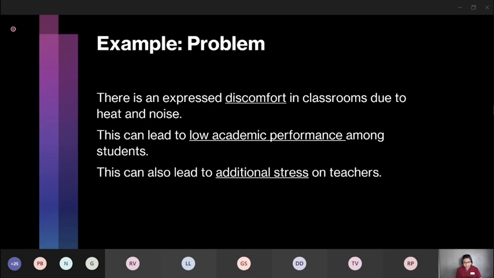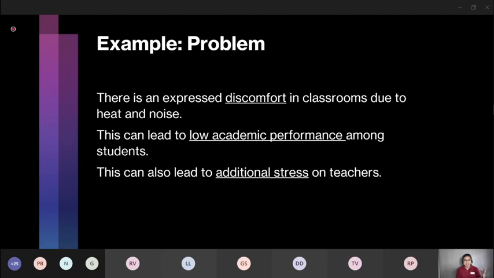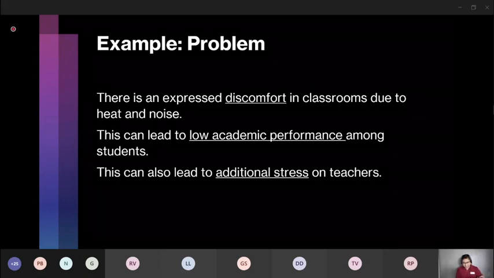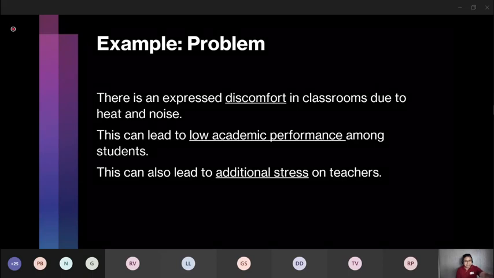If you are talking of a school in Norway, then the heat is probably not an issue there. It's very cold there. Anyway, there is an expressed discomfort and dissatisfaction among the students with regard to the heat and noise in the classroom.